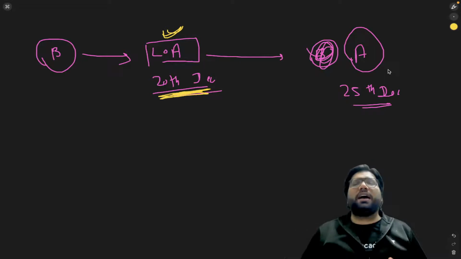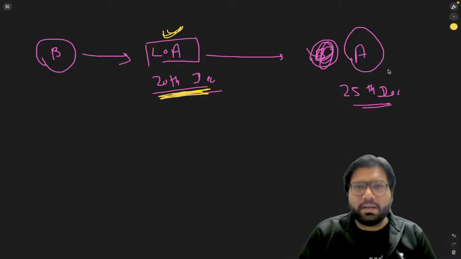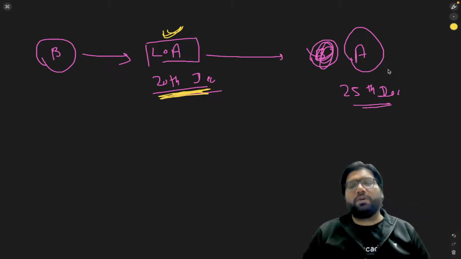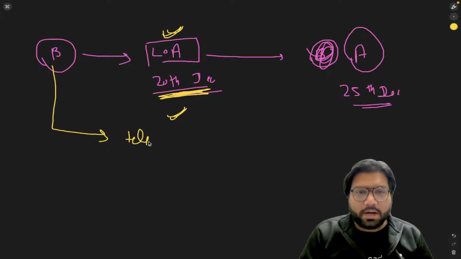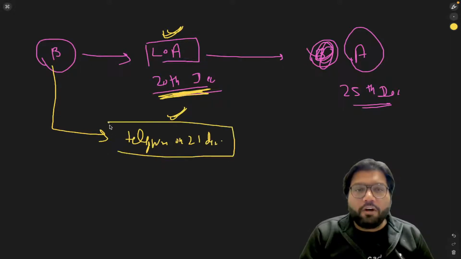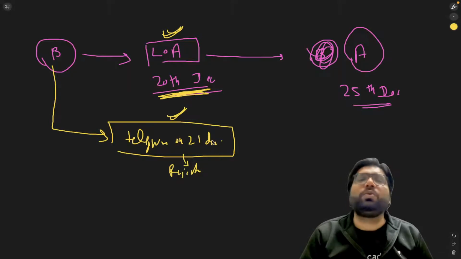In this example, after posting this letter of acceptance, Mr. B is now like, I should not have sent this. I'm not interested in making this contract. But he has already posted the letter. So now Mr. B writes a telegram of rejection on 21st December. Now there can be two circumstances.